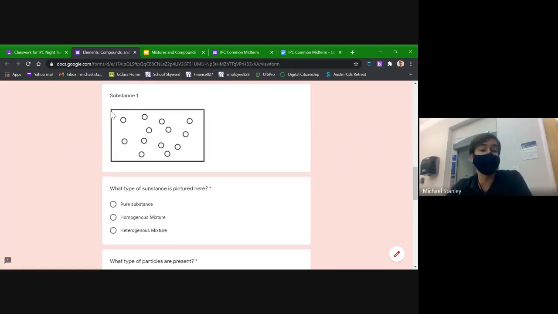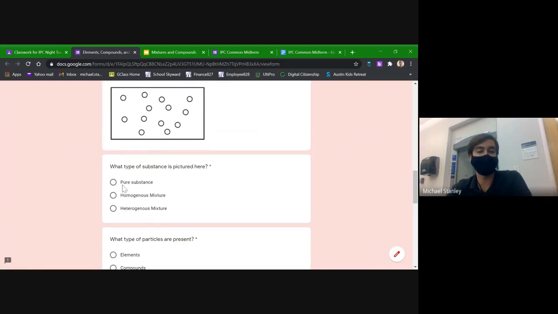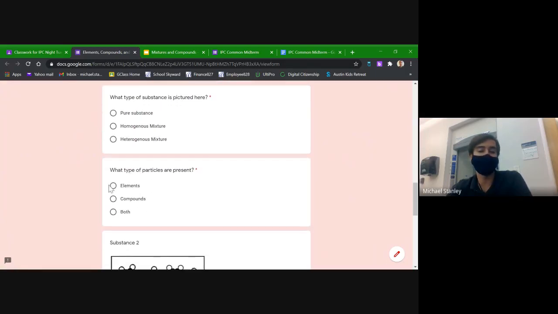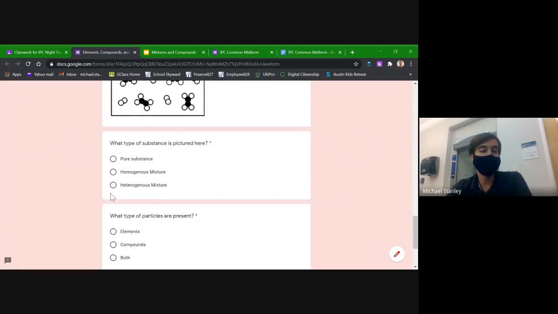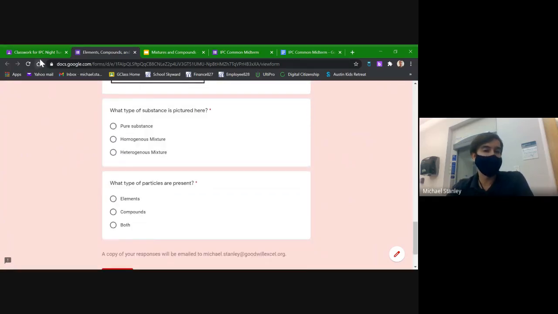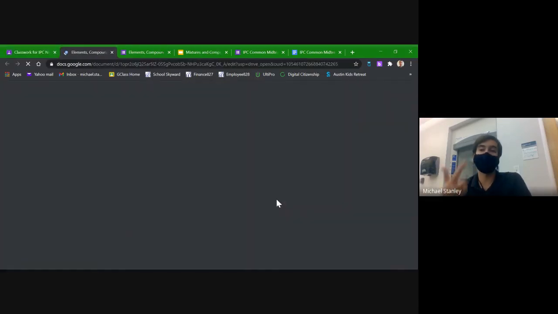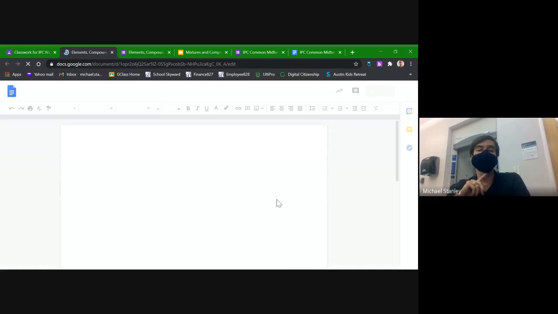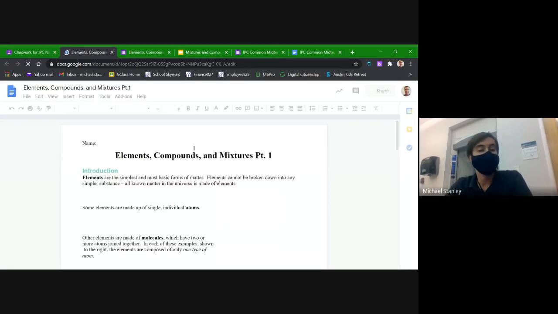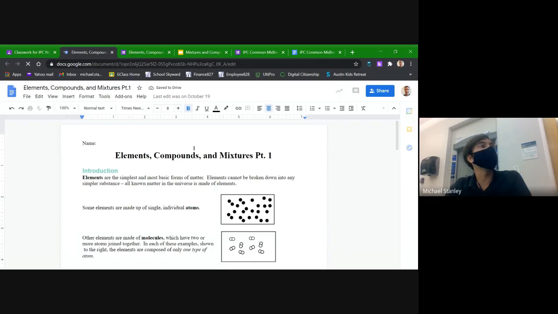So this is what the Google form version looks like. For this assignment, I would recommend you do the Google form version because it just has these different answers that you can click on underneath each substance. The Google Doc version is the same information and the same pictures and the same questions, but you have to go in and physically type in your answers.